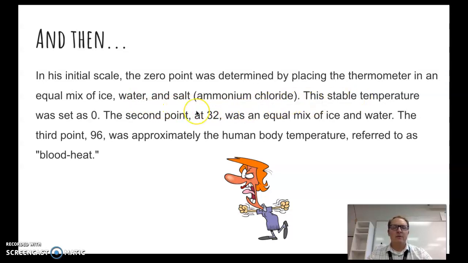And then that stable temperature there we're going to call 0. Then he says the second point is going to be 32. This is a mix of ice and water. The third point was 96, approximately where he thought the internal body temperature of a human being was. They called that blood heat.